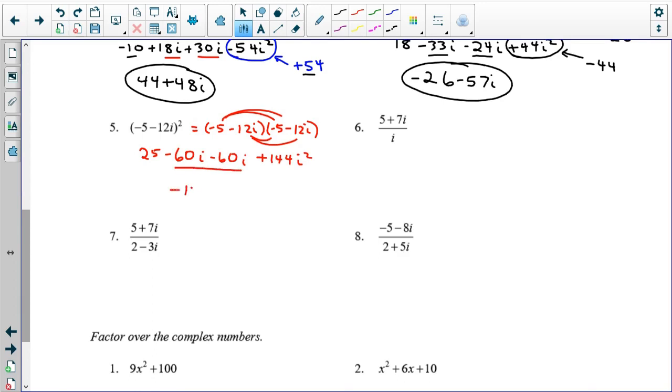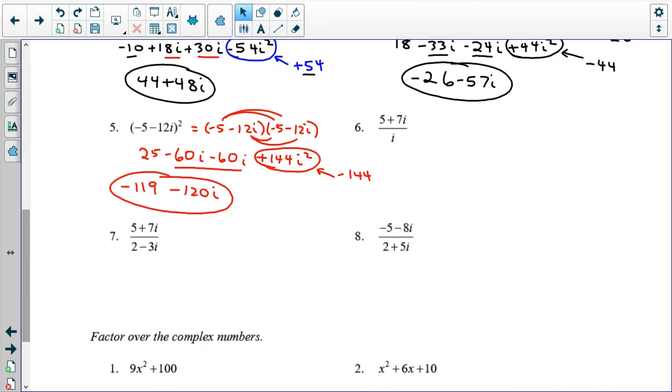These combine to be negative 120i, and then 144i squared is negative 144. So 25 minus 144 is negative 119. And that gives me my final answer on that one.